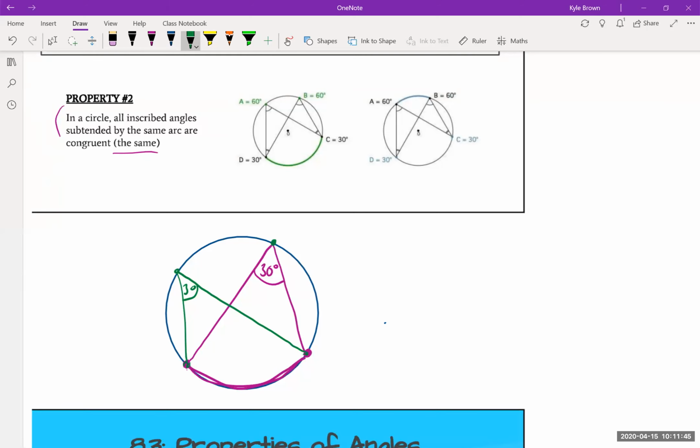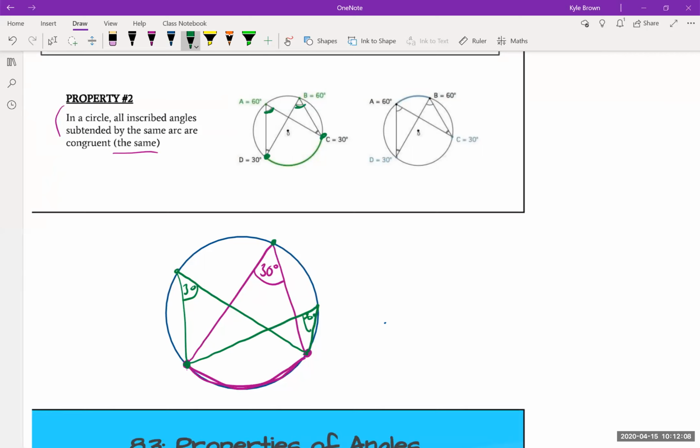It's always going to be the same. Even if it was from here and then back down again, that would also be 30 degrees. So it's the same angle no matter where I go on that. Okay, that's the idea there. This picture is showing the same thing. From those 2 points, this is 60, and that is 60.